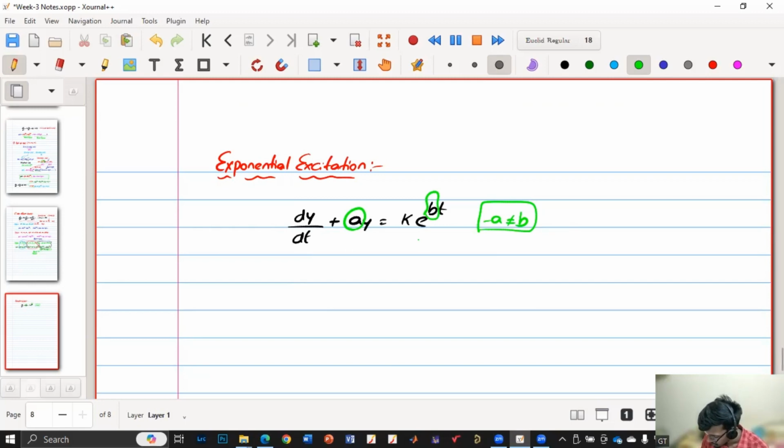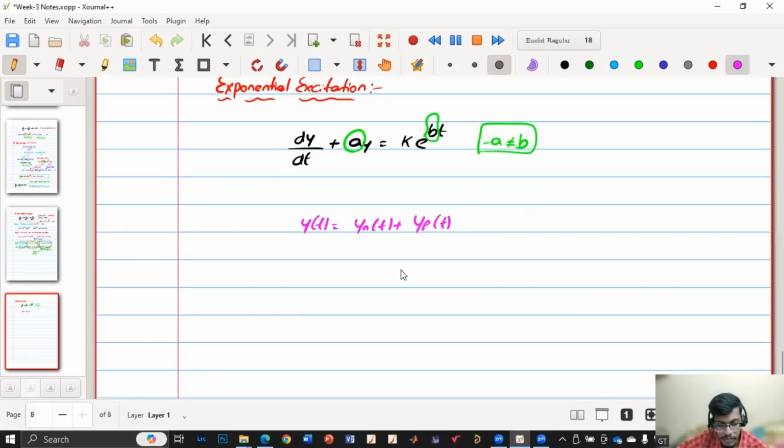So first, we'll again solve like y of t is y natural response plus y forced response, right? So natural response will be what? This is no exception case. Natural response in the sense, my input I'll put 0, RHS will be 0.